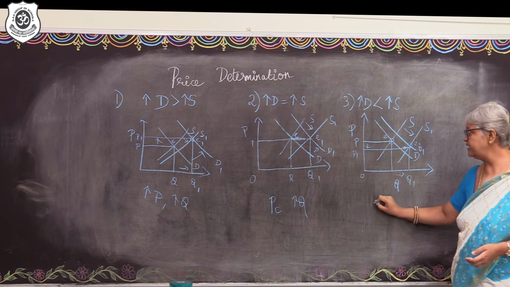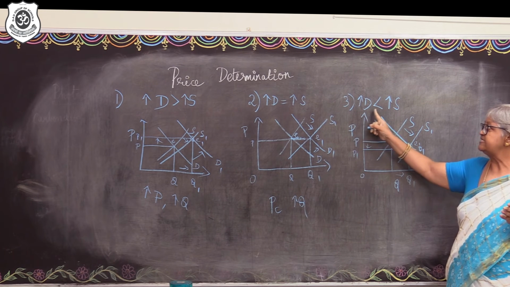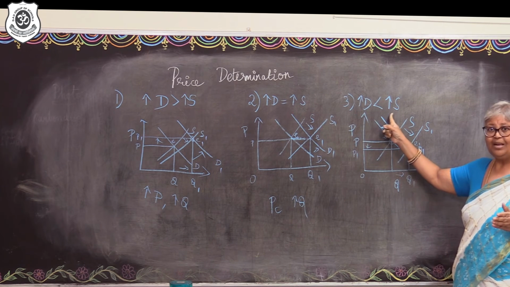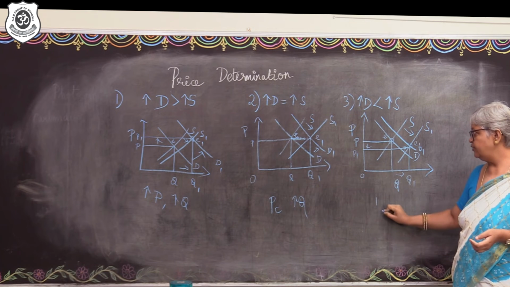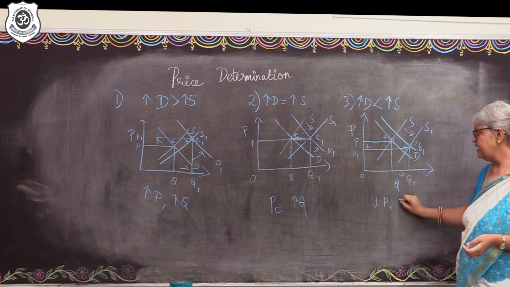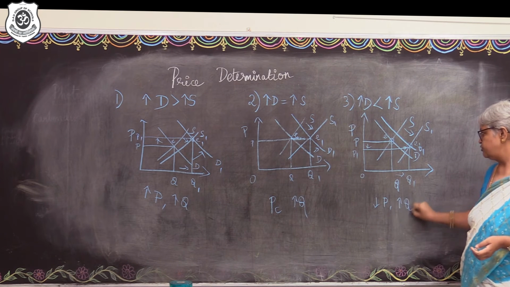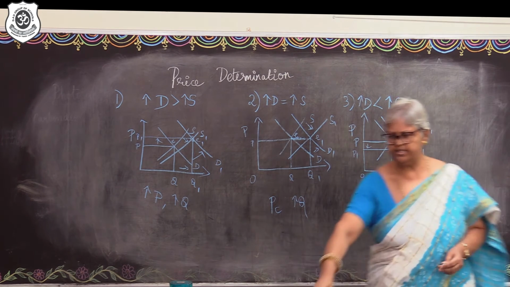Yes, so let's record that. When demand increase is less than the supply increase, the market will attain its equilibrium at a lower price and at a higher output. So, what's the common thing that you see here?